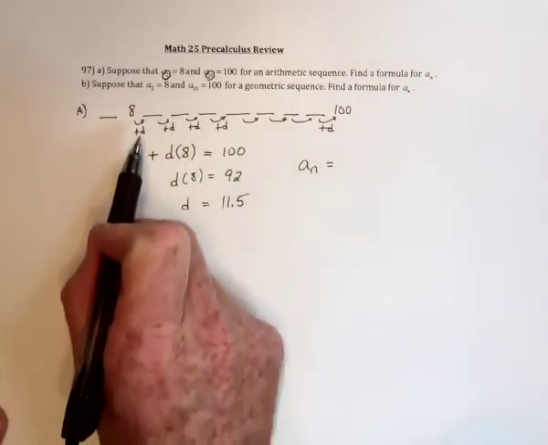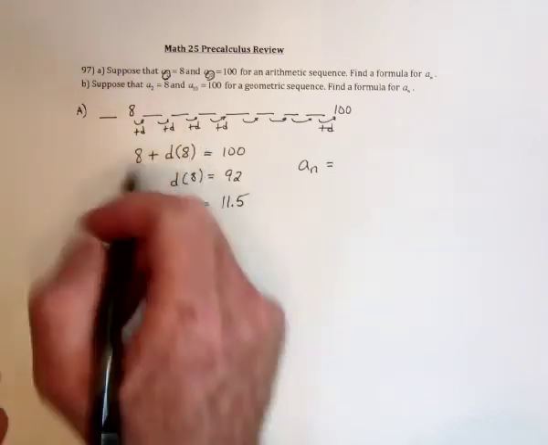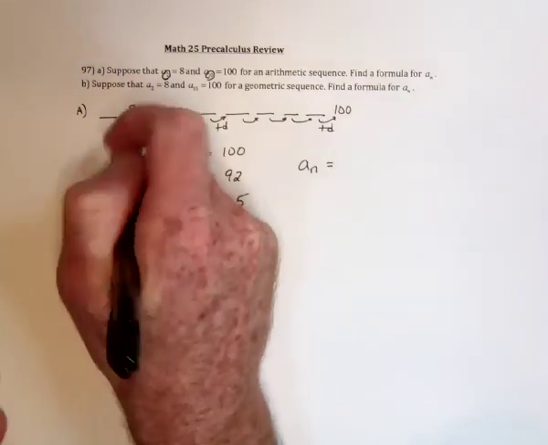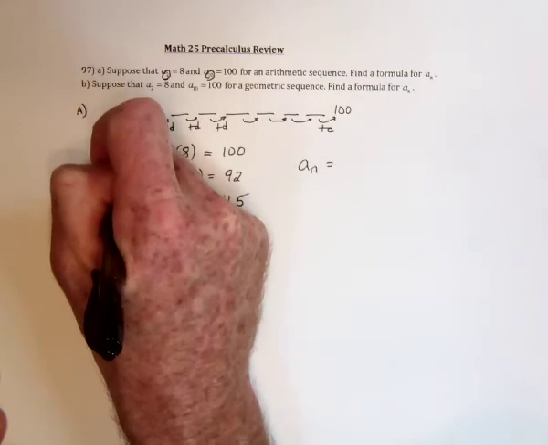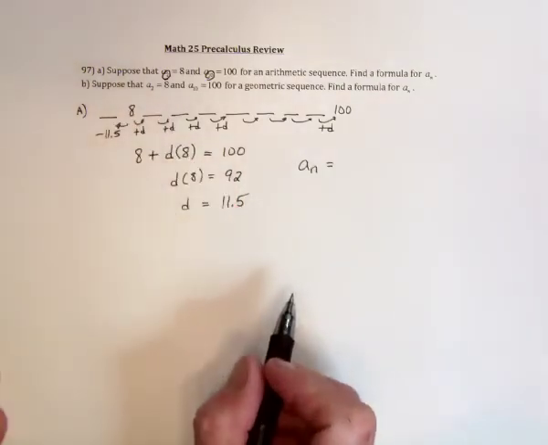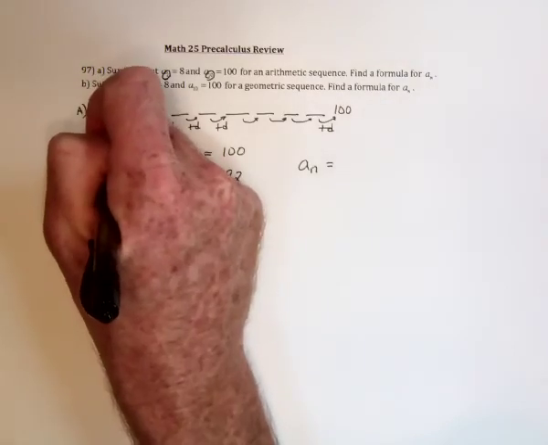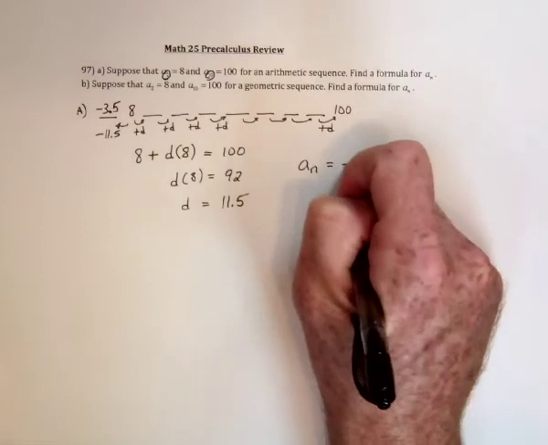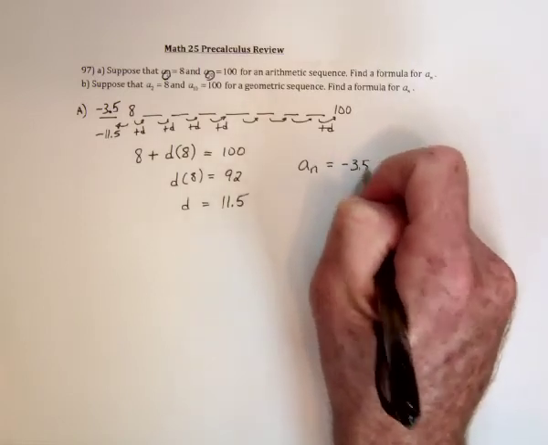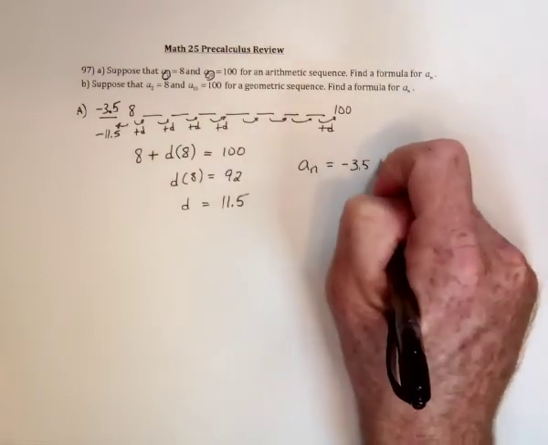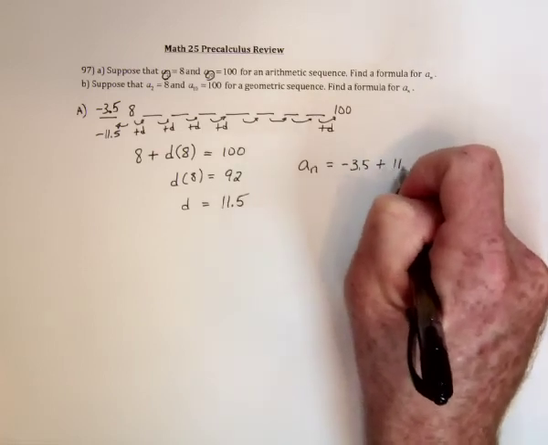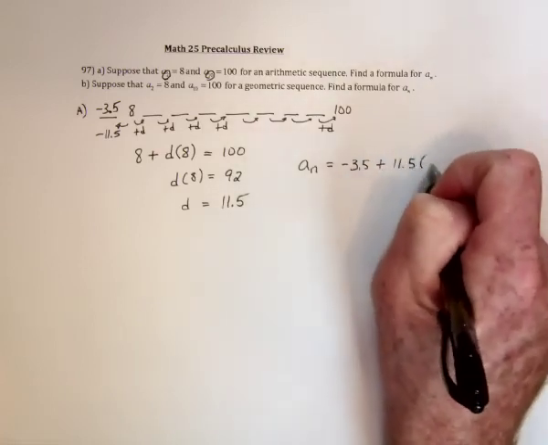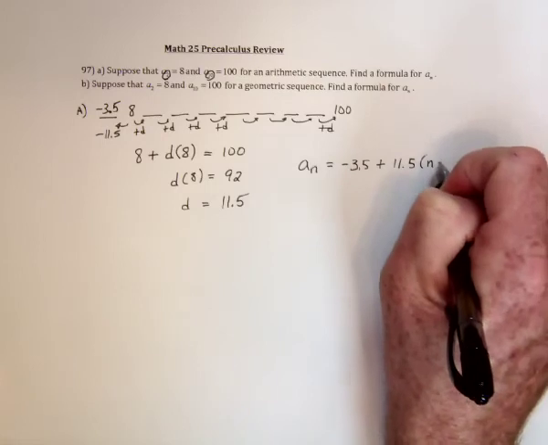Well, if going to the right means you add d, then going to the left would mean subtract the d. So take an 8 and subtract 11.5, that's going to be negative 3.5. Okay, so the formula is the first term, negative 3.5, and then plus the d of 11.5, and then that's added on n minus 1 times.